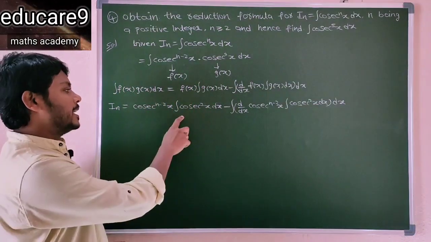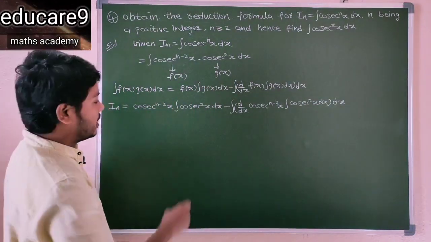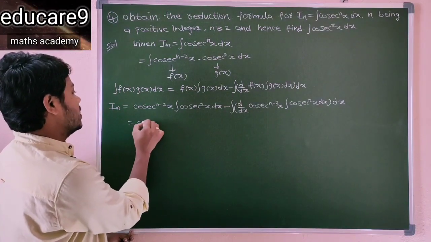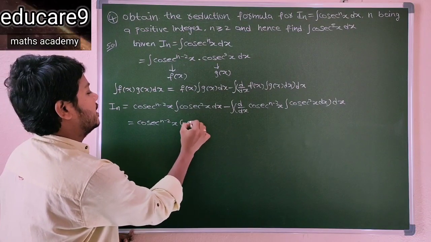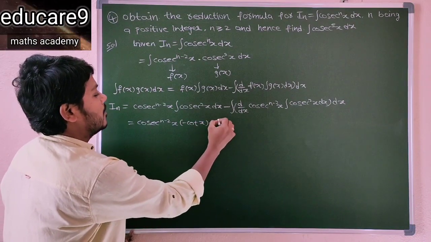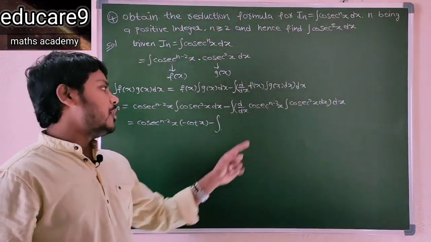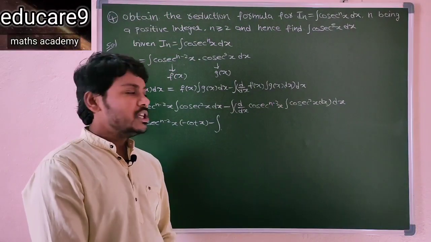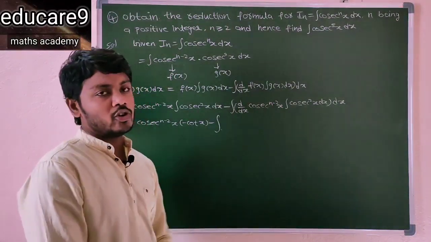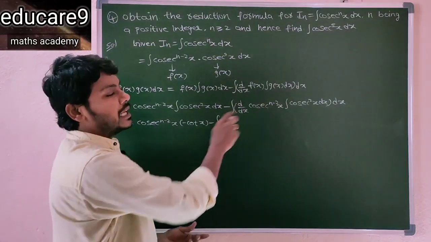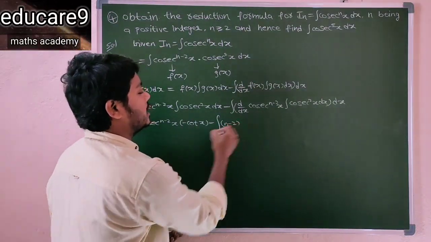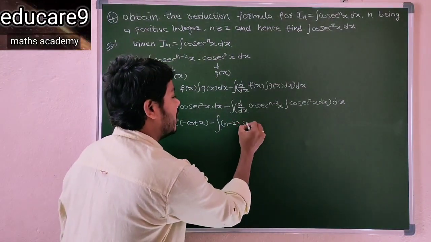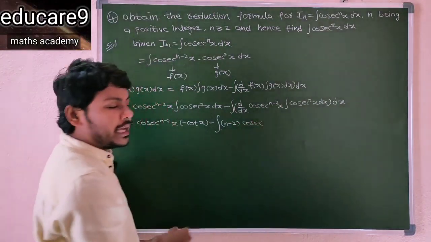Now integration of cosec square x is minus cot x. So clearly this is cosec power n minus 2x into minus cot x, minus the derivative of cosec power n minus 2x. It is in the form of f of x whole to the power of n, so you know that the derivative of f of x whole to the power of n is n into f of x whole to the power of n minus 1.